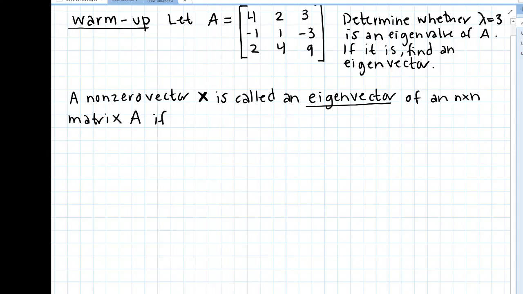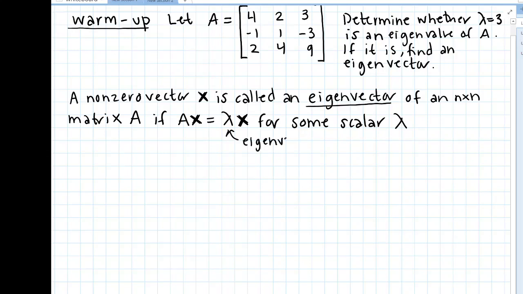If A times that vector is equal to a number lambda times that vector, for some scalar lambda, which is this Greek letter, then this scalar is what's called the eigenvalue that goes with that eigenvector.